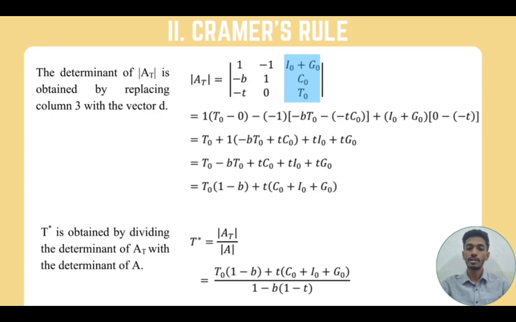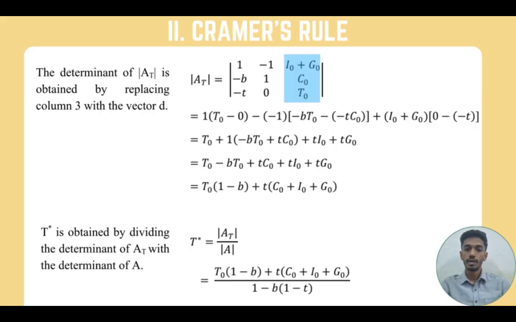And then we have to find the value of T star, which can be obtained by dividing the determinant of A_T by the determinant of A. And what we get is T naught times 1 minus B plus T times C naught plus I naught plus G naught. The entire thing will be divided by 1 minus B times 1 minus T.